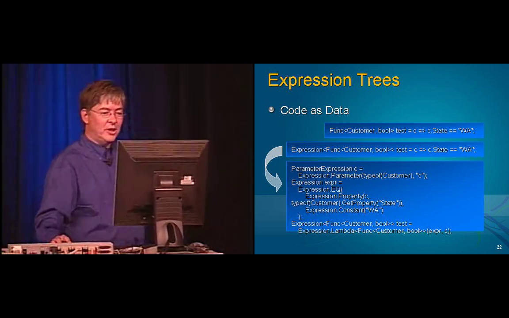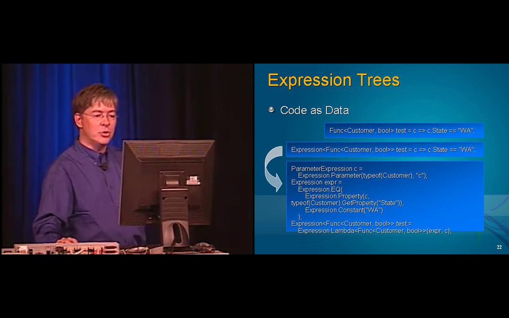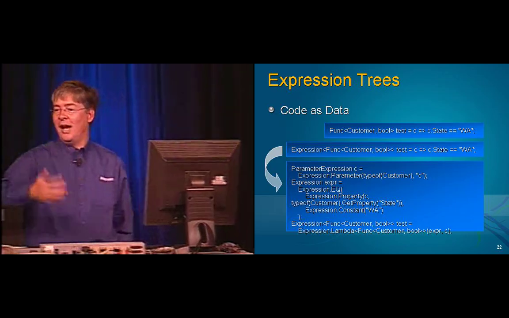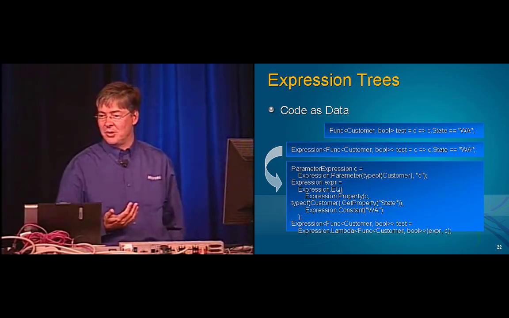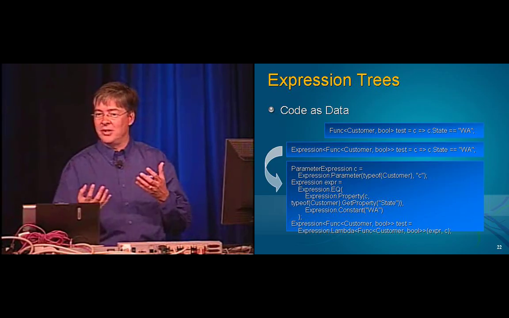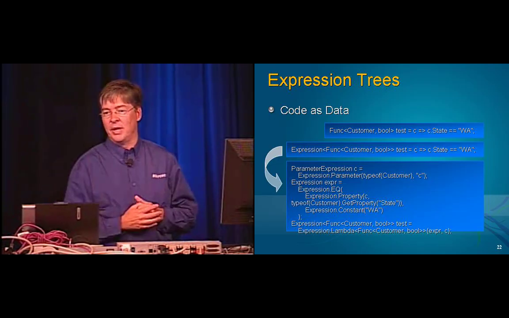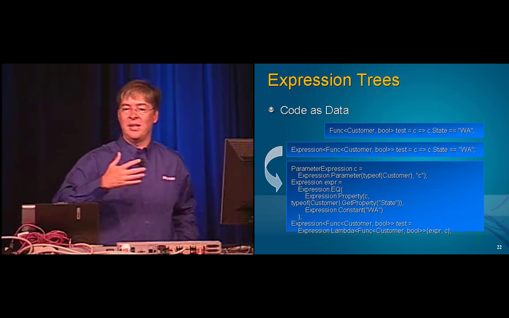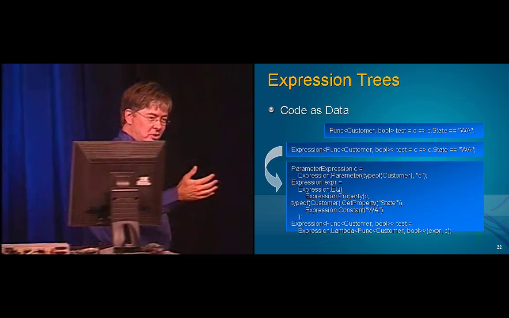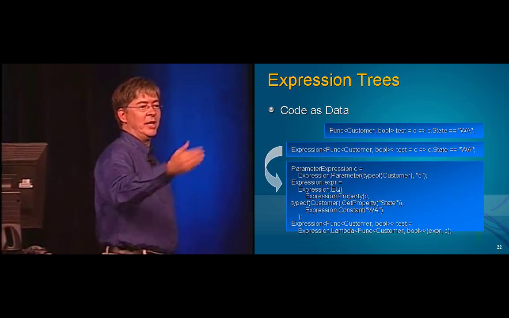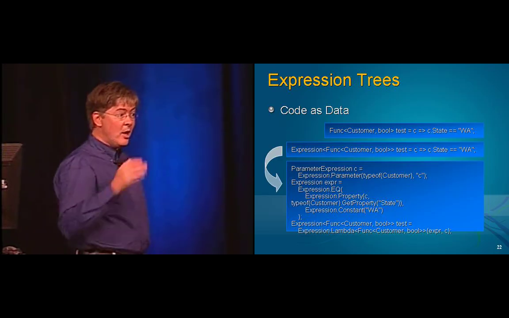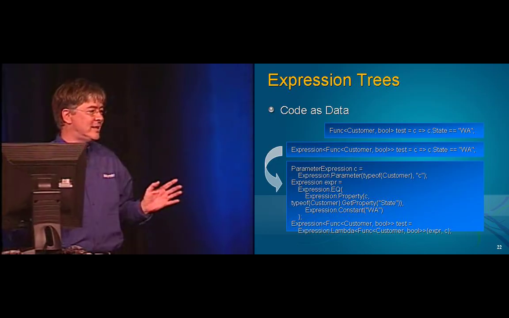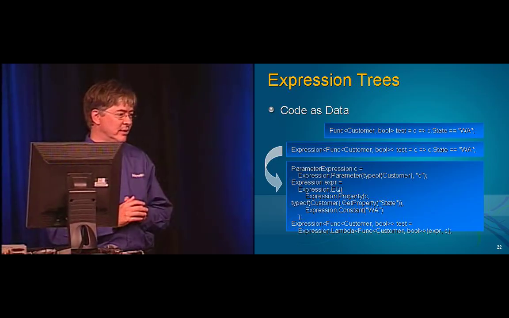So really, the compiler transforms this into a creation of an expression tree. And you can now think of the lambda expression as literal syntax for an expression tree. And you can think of the type system as making the choice between whether we want to generate IL or generate expression trees. But from the user's point of view, the syntax is the same. You're just writing a lambda expression.